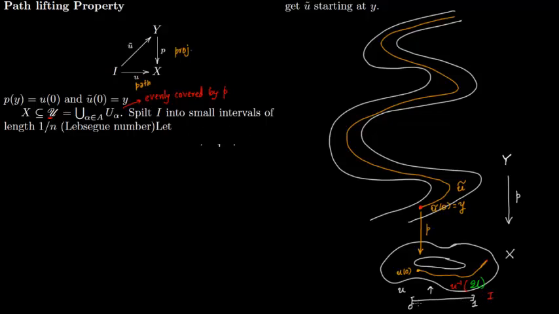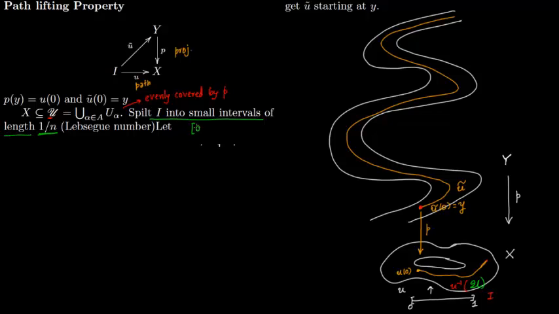Now since this is closed and bounded, it is compact, therefore it will have a finite subcover, and we are just going to choose a Lebesgue number for this subcover. Say the Lebesgue number you get is 1 by n. Yeah, n could be anything really small. Once you get this Lebesgue number, you split I into small intervals of length 1 by n.